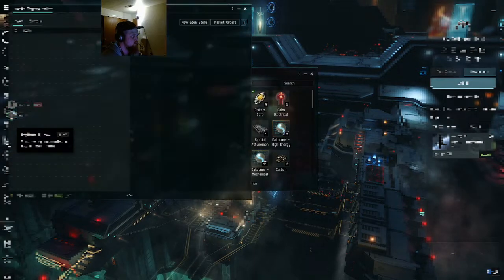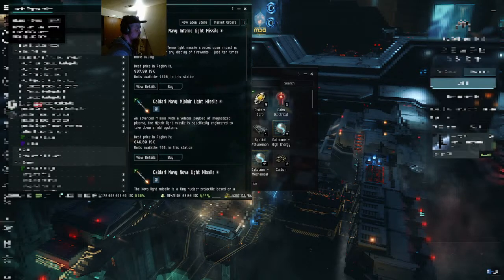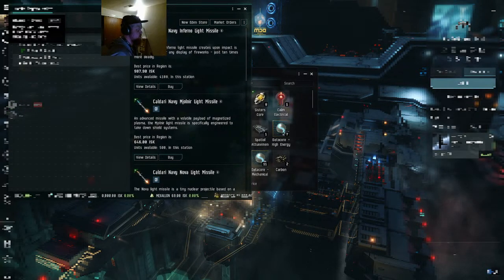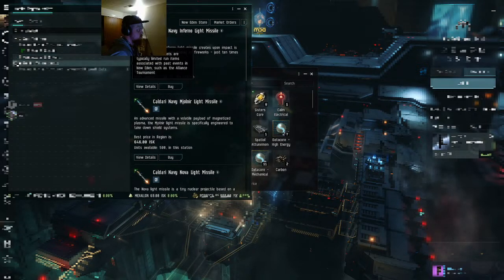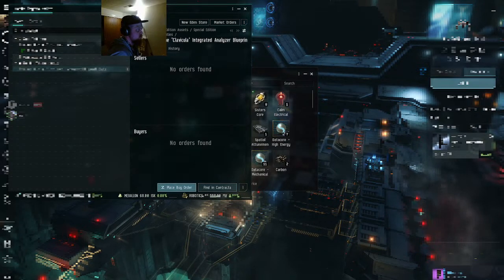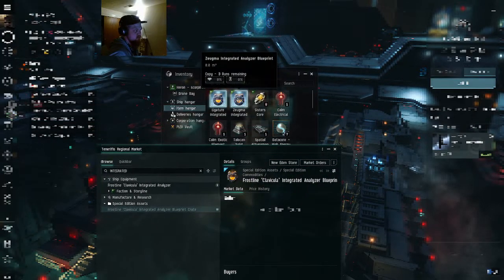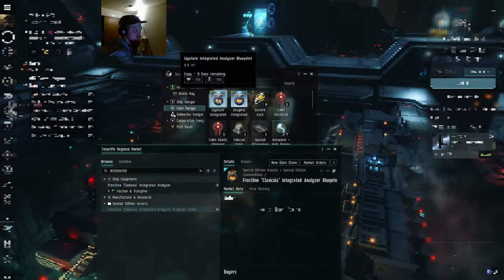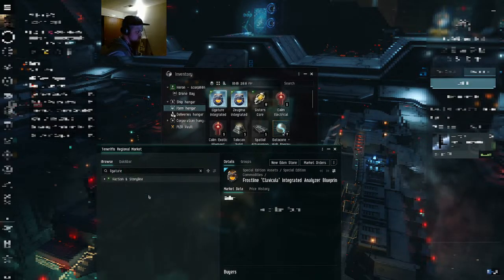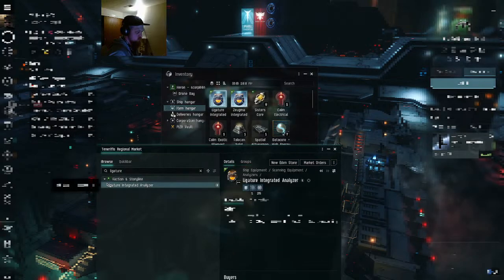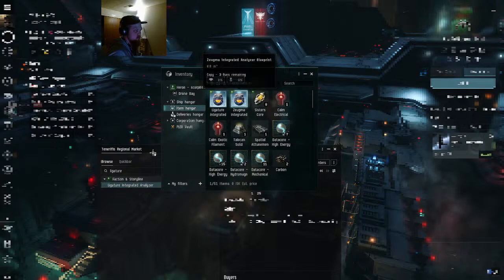I just throw them in storage. I'm curious. It's probably about 300 million worth of materials. I'd say it's not very much of a profit. It is a profit, but not really that worth going and crafting it.